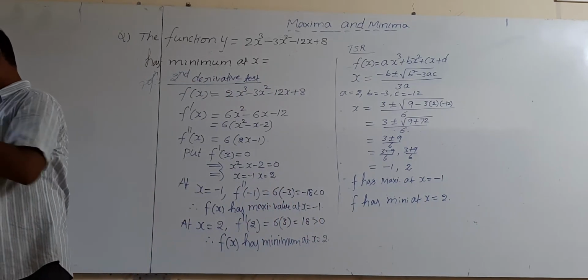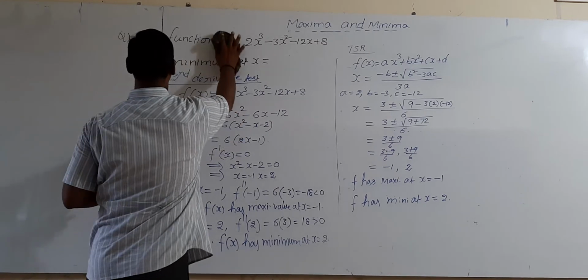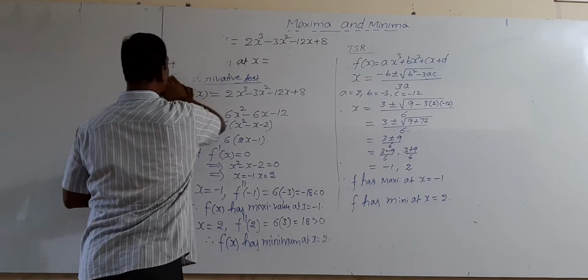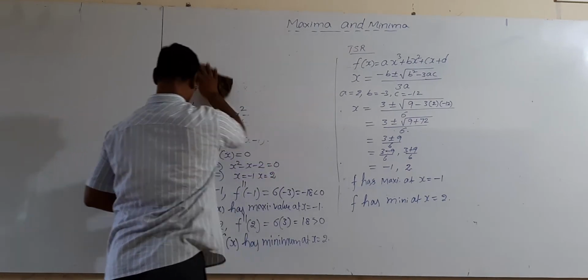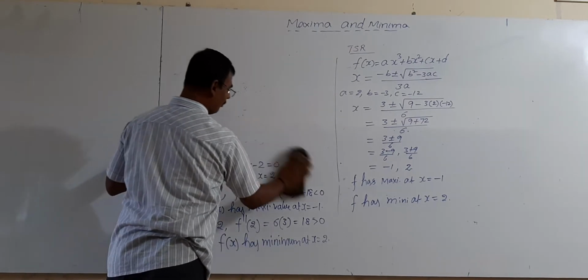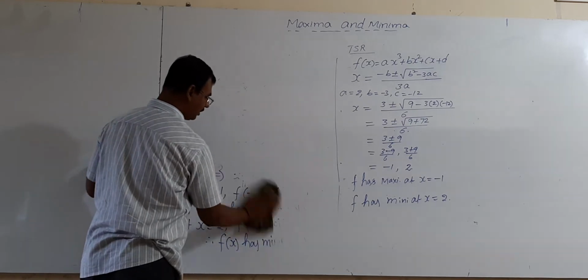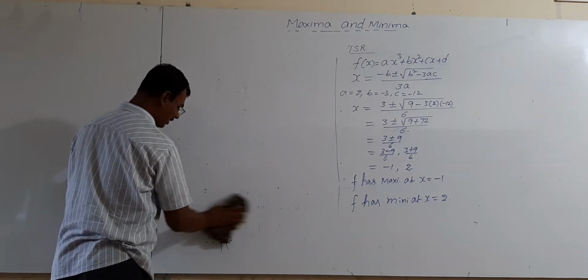Some more questions we have to solve here. Are you following the cubic form? Then the next one, reciprocal forms, type number 3.